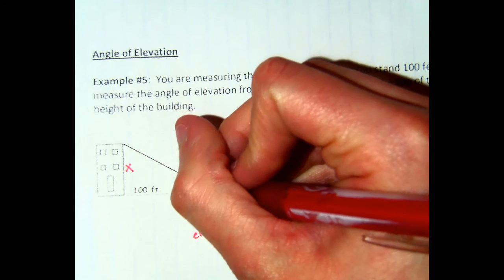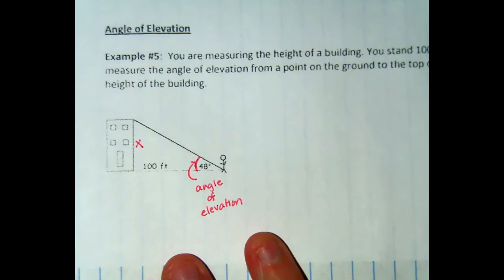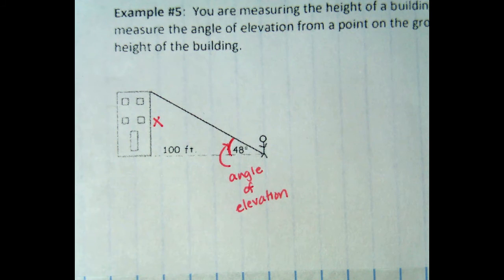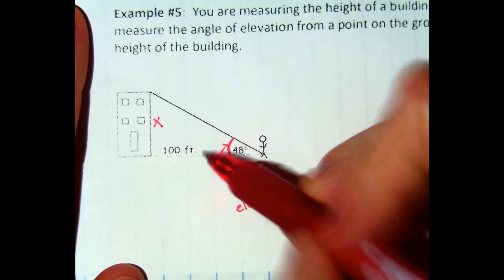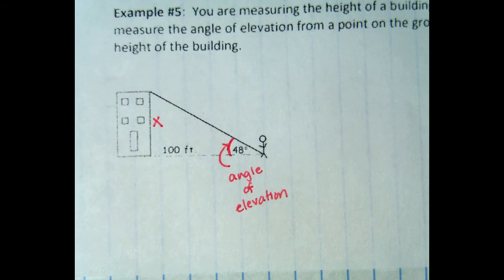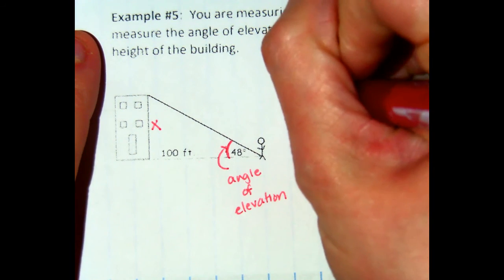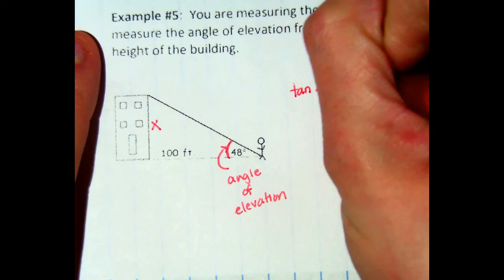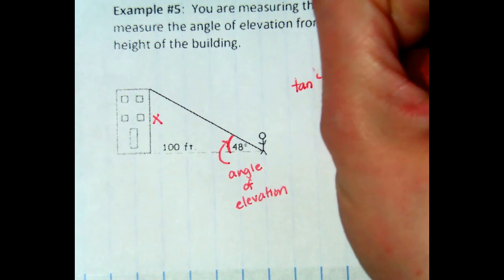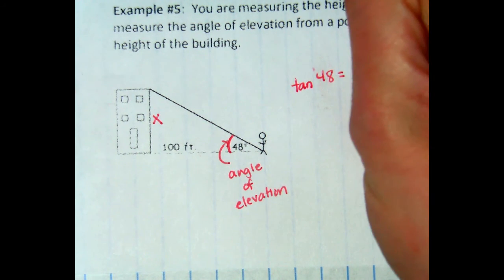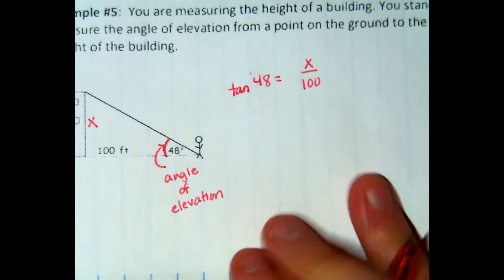We are finding a side length. What does that mean we're going to do? We're using tangent because we need the opposite and we have the adjacent. Then we literally just fill in. Tangent of 48 equals, not 28. I like it when it comes out over something so I don't have to divide anything.